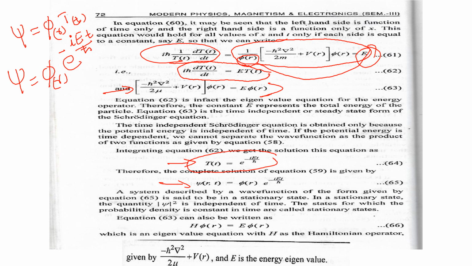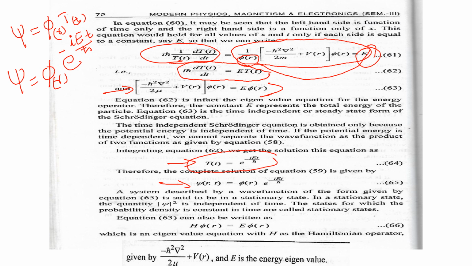Now again back to expression number 63, that is the time independent Schrodinger equation. The term inside the bracket can be represented as H, which is known as the Hamiltonian operator, negative ħ² by 2μ ∇² plus V, that is H. So we can write that expression as Hφ equal to Eφ.